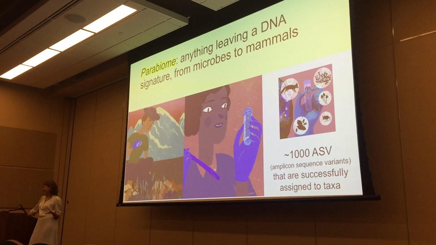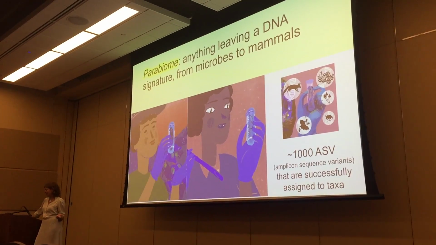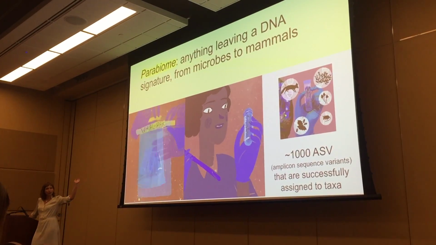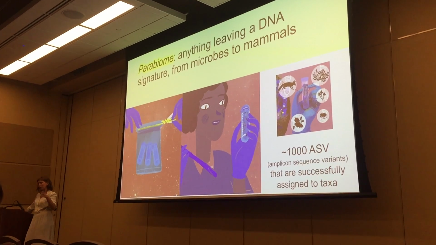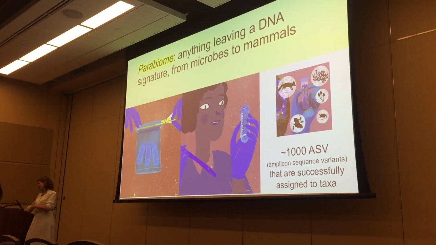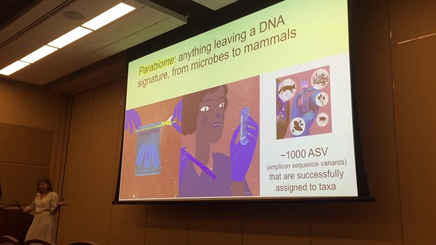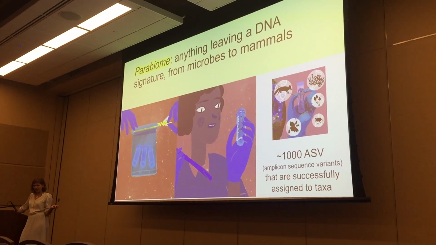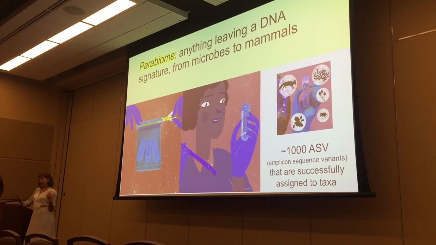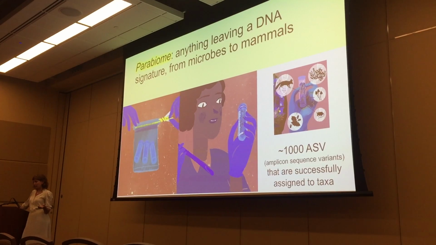So what is the parabiome? It's anything that leaves a DNA signature in the environment. You can collect from soil or from sediment and just put it in a tube, sequence it, and you get thousands of DNA signatures that could be from different organisms that might indicate even population level differences.